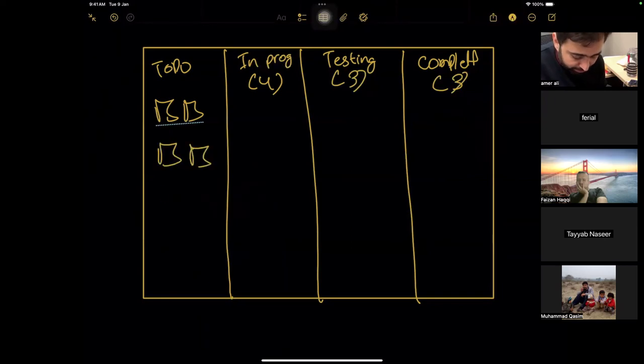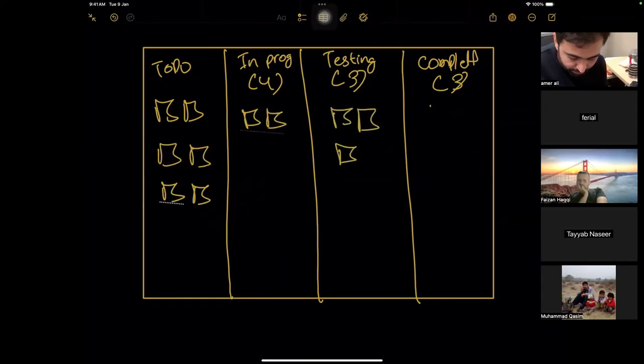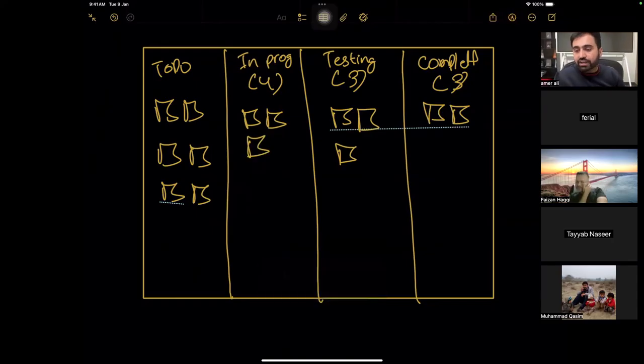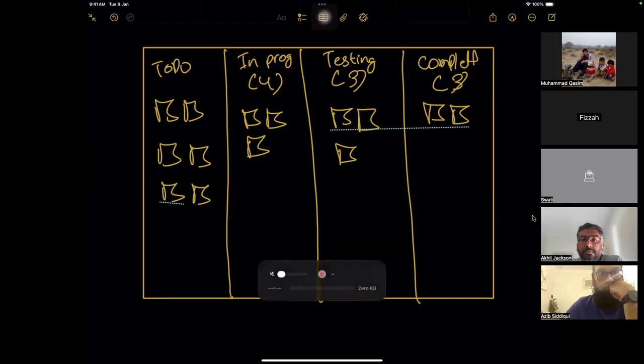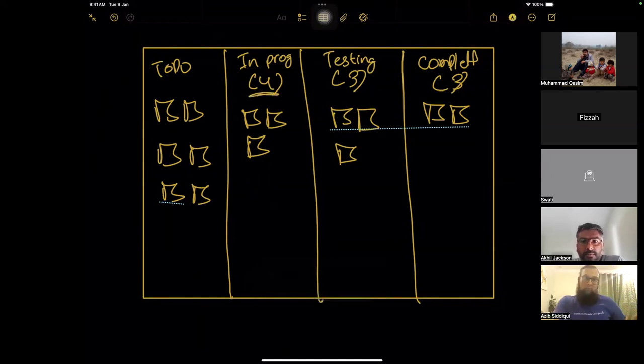I just put random numbers. The question is, which one is the bottleneck? What will be your answer? Which one is the bottleneck? So we have 6 here. In progress, we have 6, can have 4, testing can have 3, completed 3. Which one is the bottleneck?